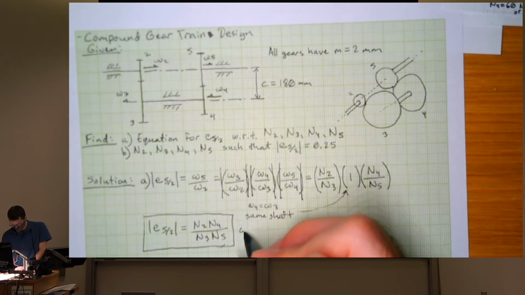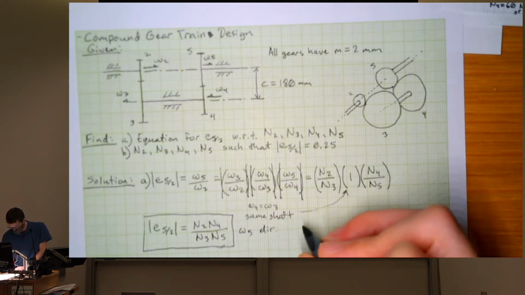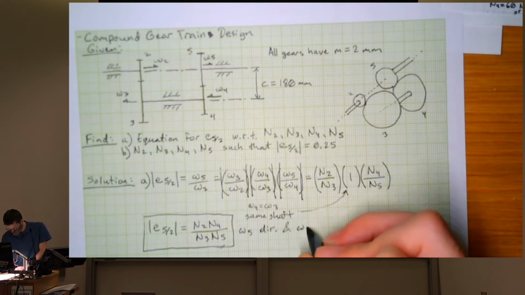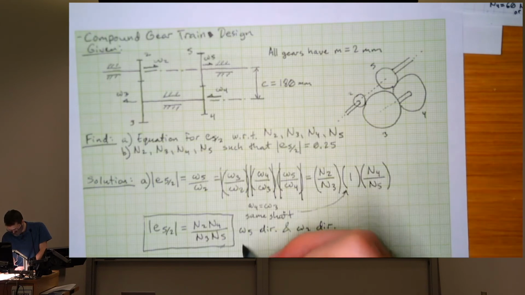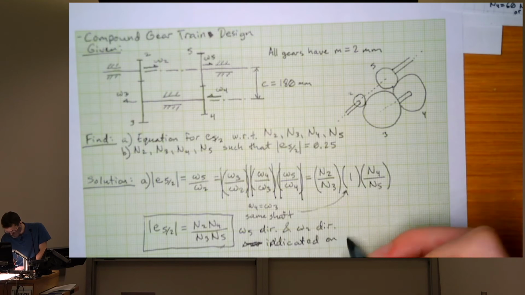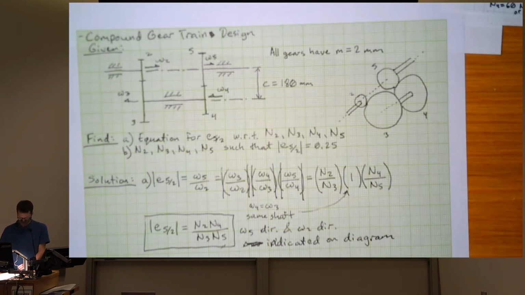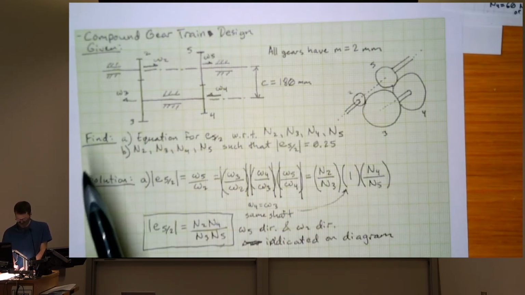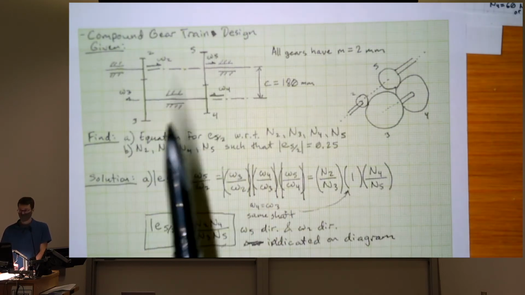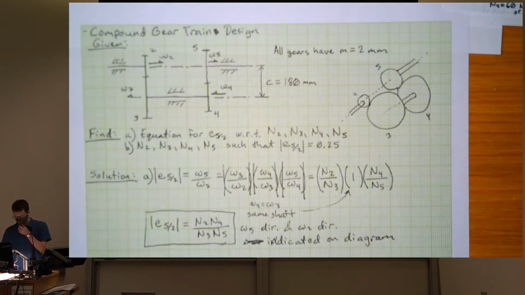So you could say omega 5 direction and omega 2 direction indicated on the diagram. Because perhaps positive and negative start to lose their meaning when we have a bunch of different shafts involved. Okay?